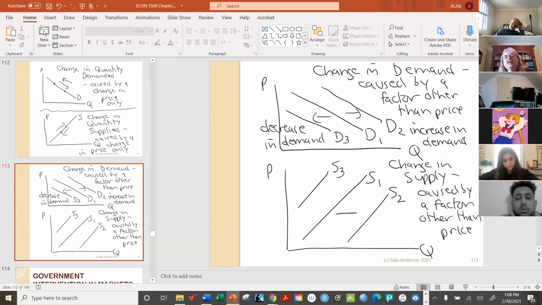And so the one on the right is an increase in supply, and this one is a decrease in supply.